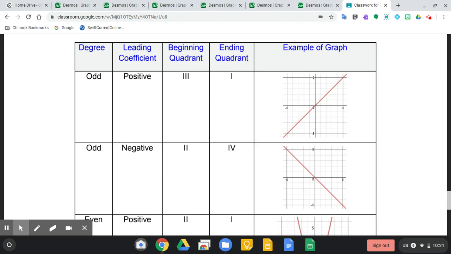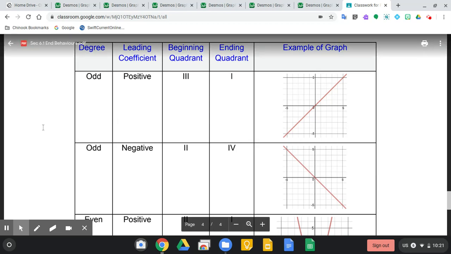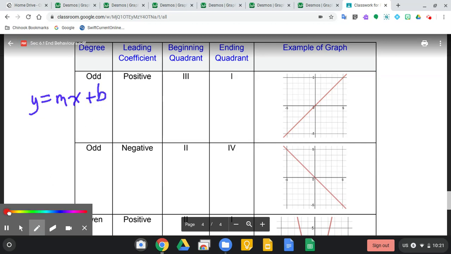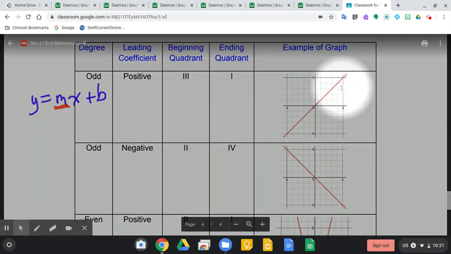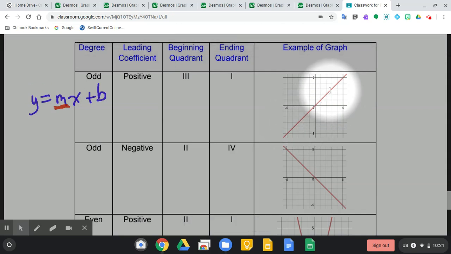So when we're talking about lines, we talked about y equals mx plus b. And this m, the coefficient in front of our x, determined whether this line was going to be moving in an upward direction, moving from quadrant 3 to quadrant 1, or a downward direction, moving from quadrant 2 to quadrant 4.